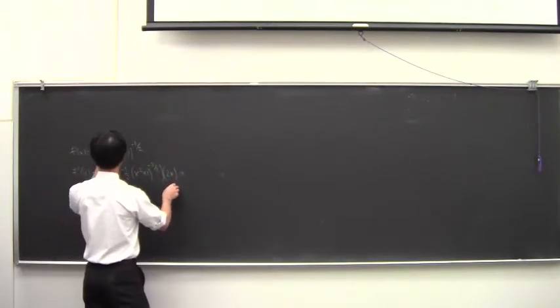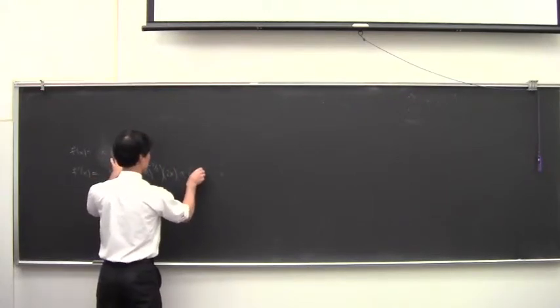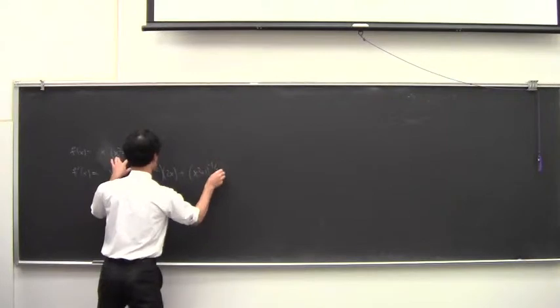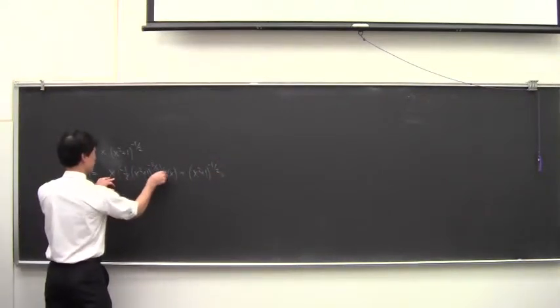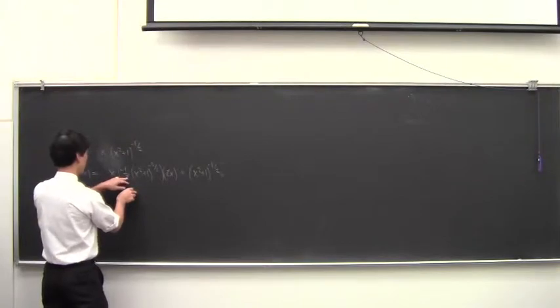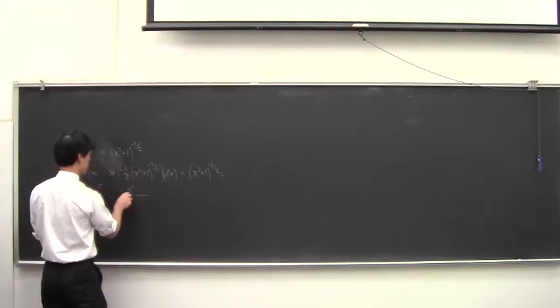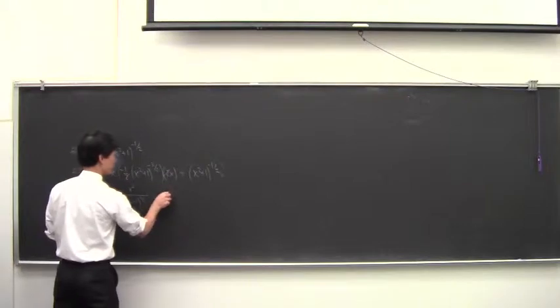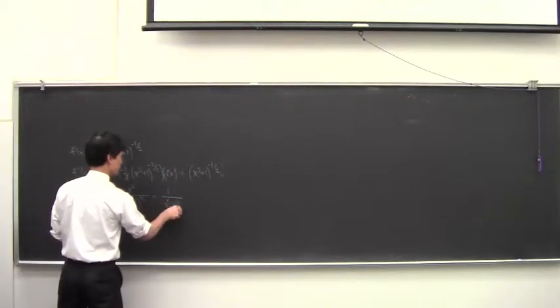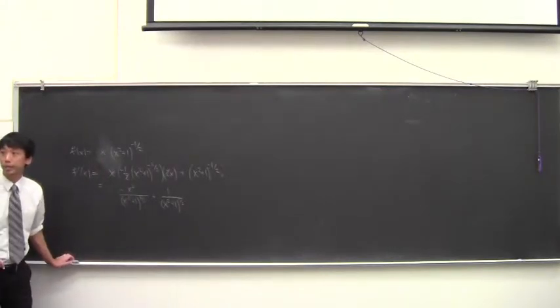Plus the derivative of the first guy times the second guy. Okay. So you end up with what? The 2's cancel off. You end up with negative x squared over (x squared plus 1) to the 3/2 plus 1 over (x squared plus 1) to the 1/2. Right?